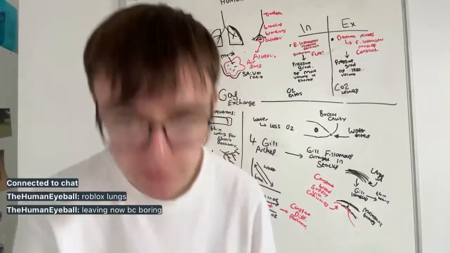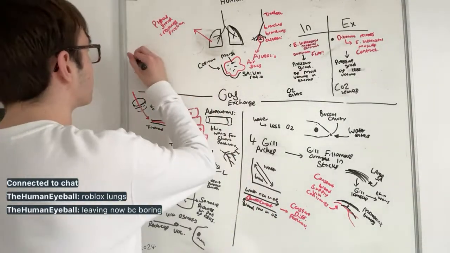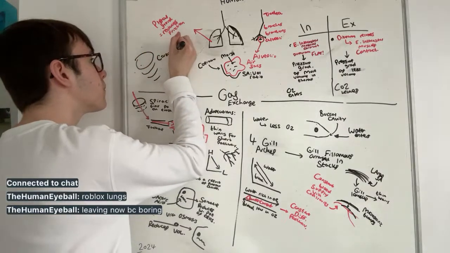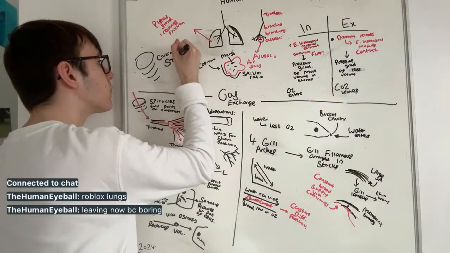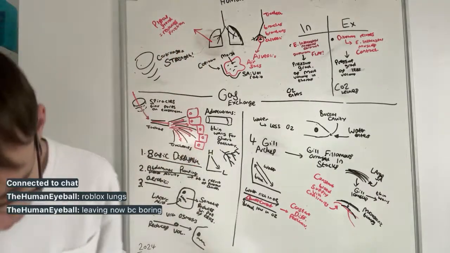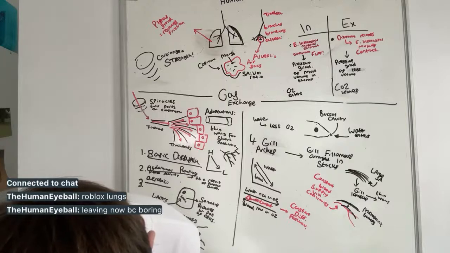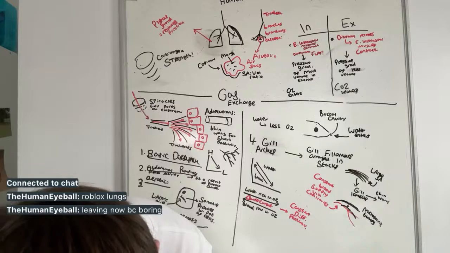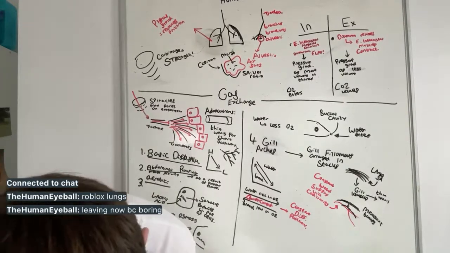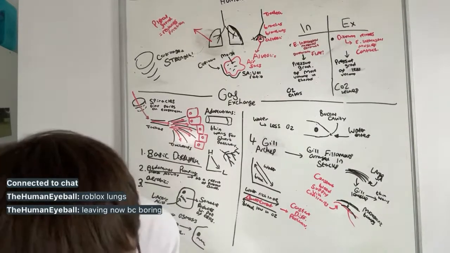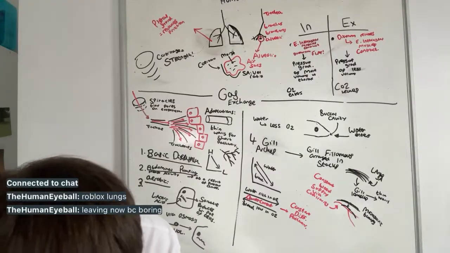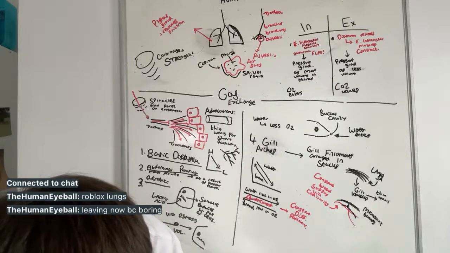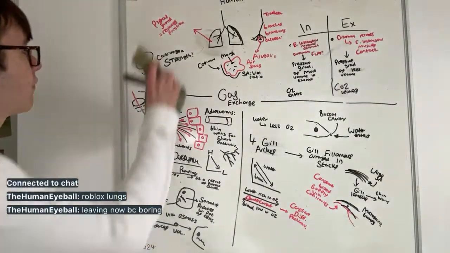Cartilage provides strength to the trachea. Your veins carry deoxygenated blood, arteries oxygenated, easy. Alveoli are 1 cell thick, steep gradients. Yeah, we've done all of this then.